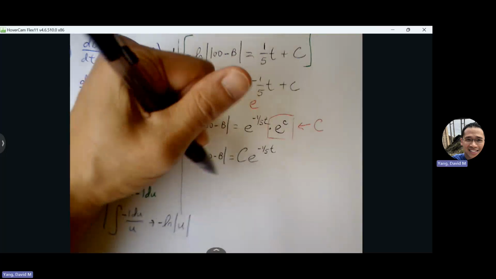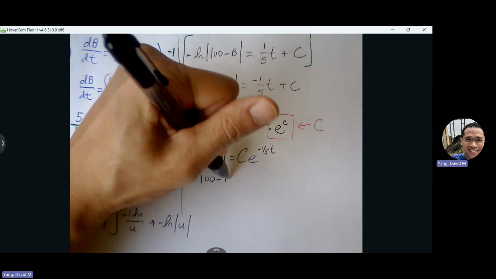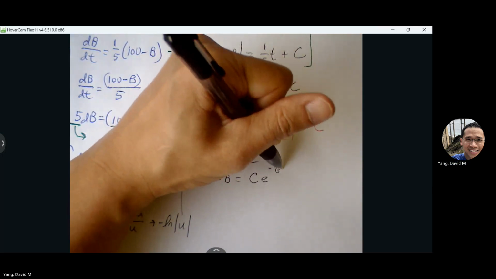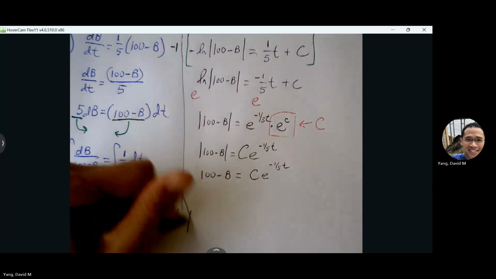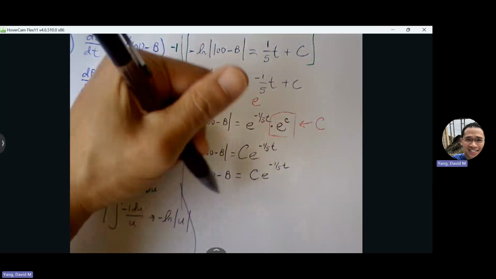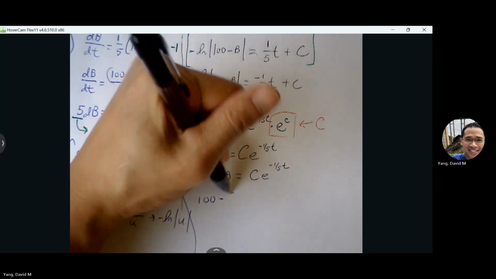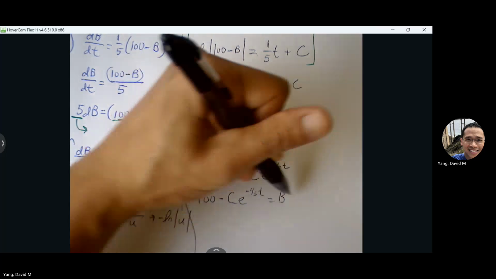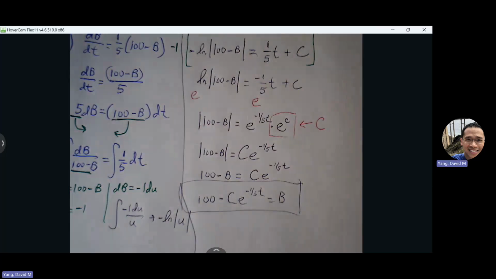I'm going to drop the absolute value, knowing that the c will pick up the plus or minus for me. I'm just going to solve for b first. Okay, so there's my general equation.